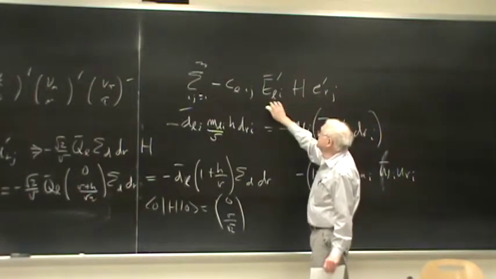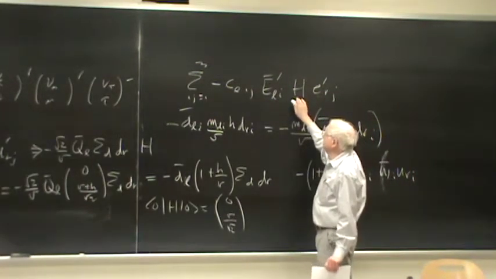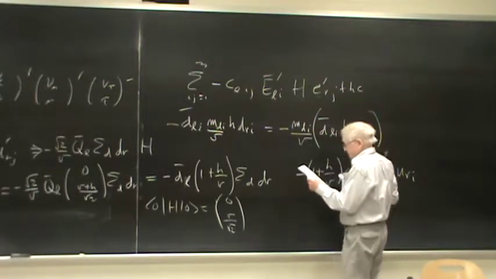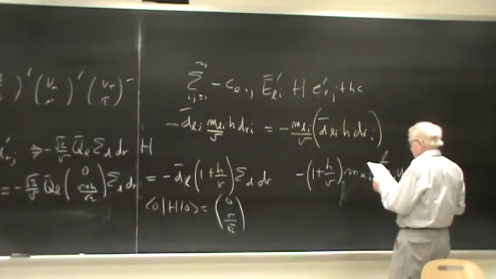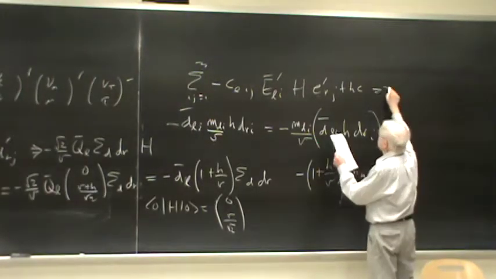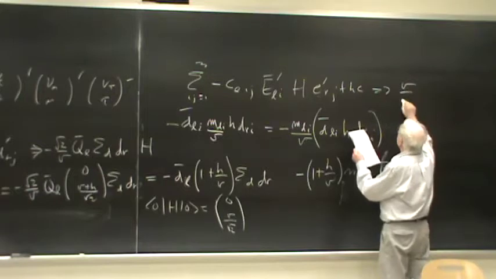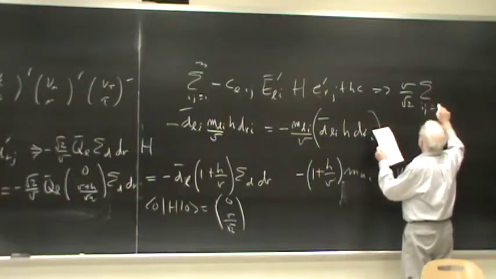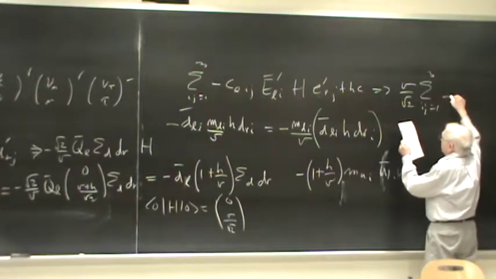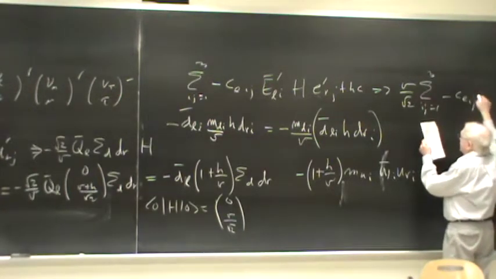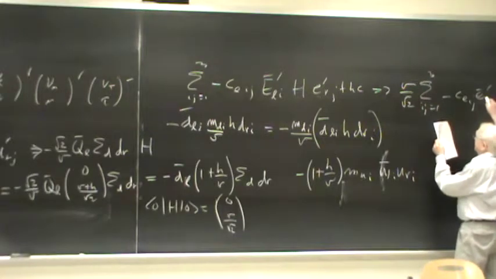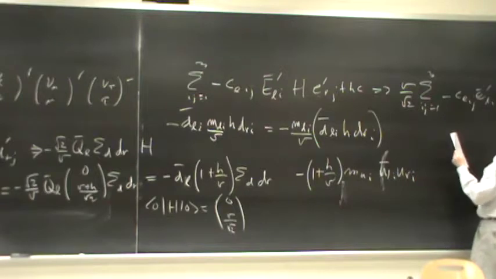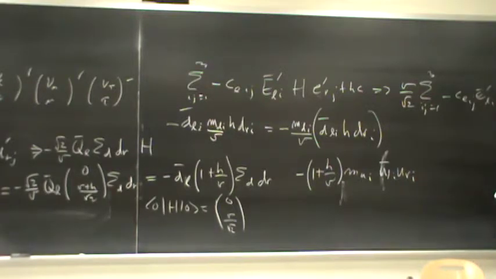This is a doublet, this is a doublet, so the thing is invariant, plus Hermitian conjugate. And what this leads to is mass terms like v over root 2, sum ij equals 1 to 3, minus c e ij, e bar prime left i, e prime right j plus Hermitian conjugate.